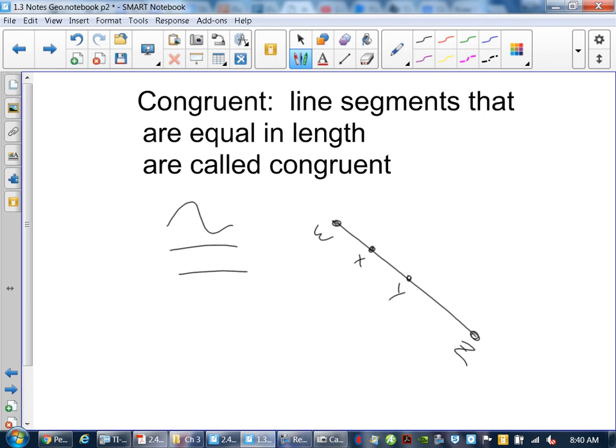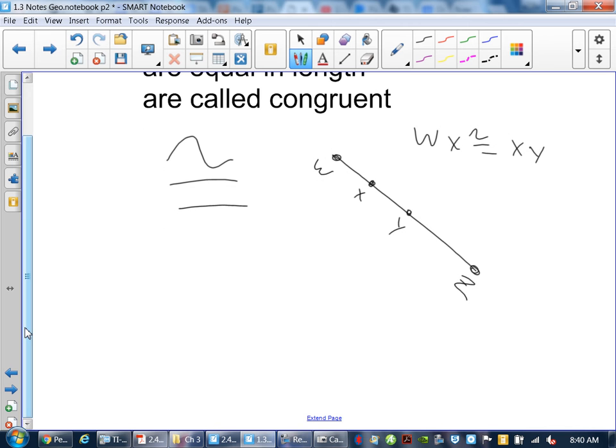What happens here is that if we say that Wx is congruent to xy, that's when you do this to diagrams. That's when you will see this quick little tick mark. That tick mark denotes that those two values are going to be the same. That's when we say that those guys are congruent. They will have equal measure.